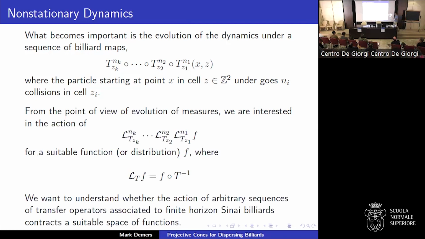And of course, we're interested in transfer operators, so you just have the concatenation of transfer operators, again, sequences. So this is just a motivation for one setup in which you might care about sequential dynamics for dispersing billiards, if you want to try to understand at least some toy models of the aperiodic Lorentz gas.